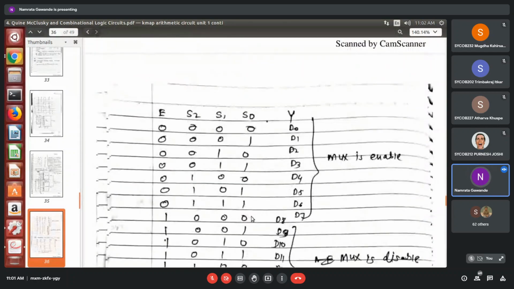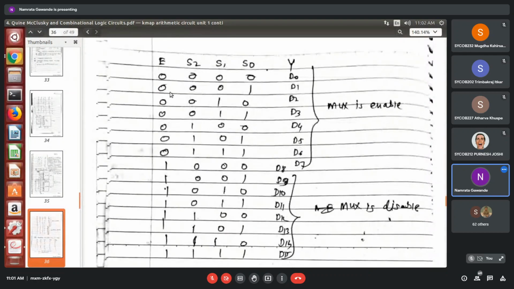Here you can see the truth table. See over here, you will understand it. When enable is 0, S2, S1, S0, the Y output will depend on the select line. So D0 will be getting selected, D1, D2, D3, D4, D5, this mux is enabled. Maybe you got confused now.